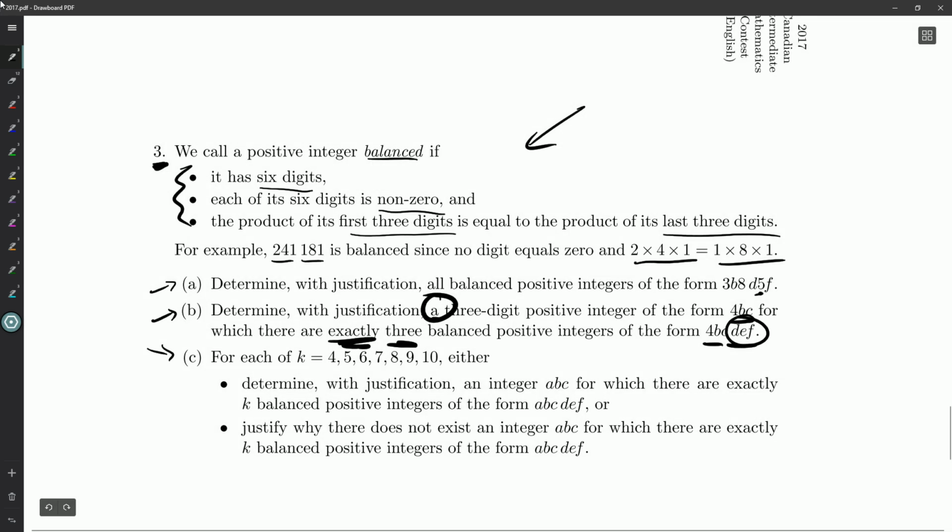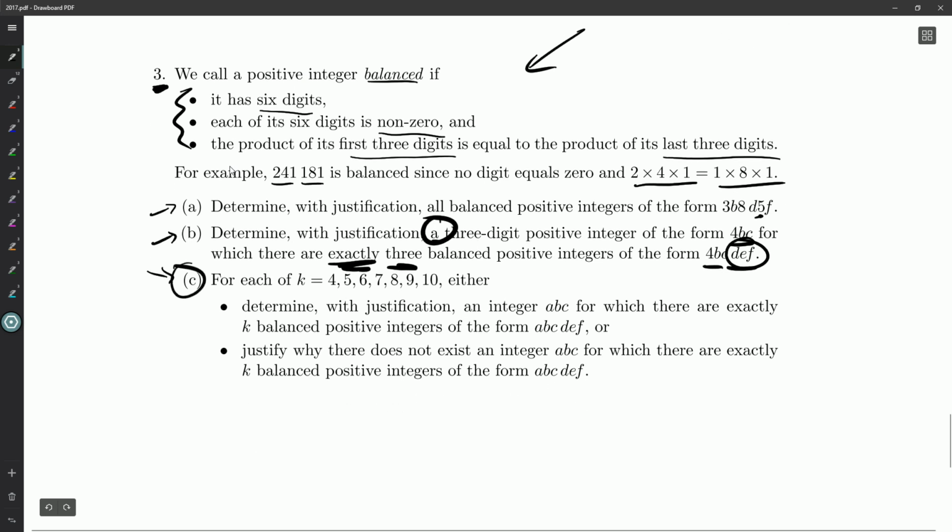Okay, so what does C say? For each of k being equal to 4, 5, 6, anything through 10, either determine with justification, again, we just want one, an integer ABC, which they're exactly k balanced integers that start ABC, or explain why you could never find such an ABC that gives you exactly k balanced positive integers.